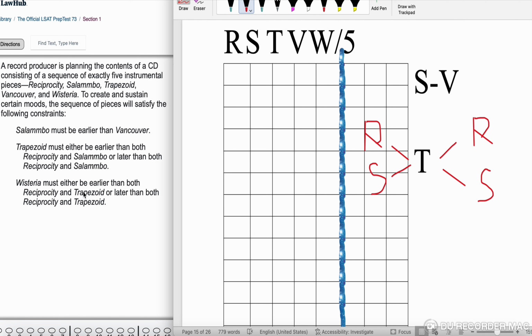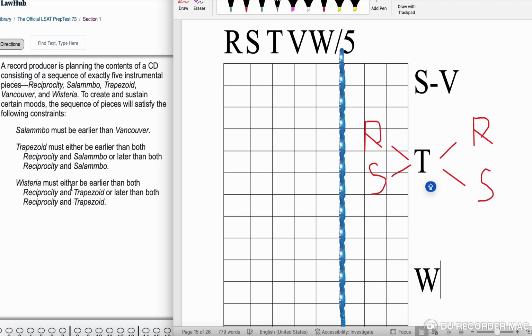The next condition is going to be W must be either earlier than both R and T. So now we're communicating about W. So W, I will put W right here.